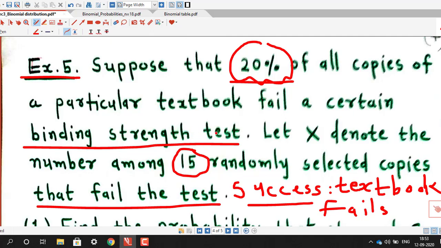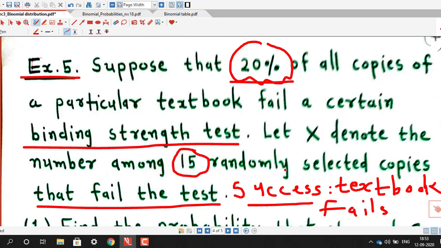So there are only two possibilities: either the copy will pass this test, or the copy of the textbook will fail the test. Now if we define success as the event that the textbook fails the test, then it is given that the probability of success is constant, 0.2, for each of the 15 selected copies.